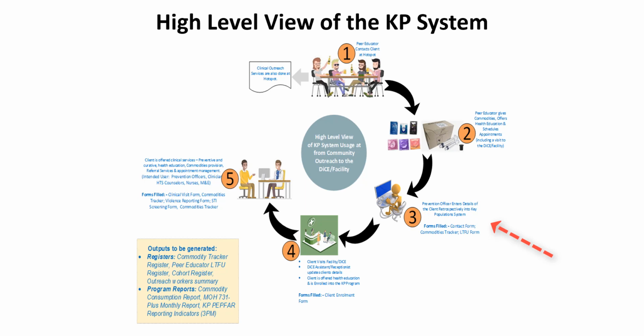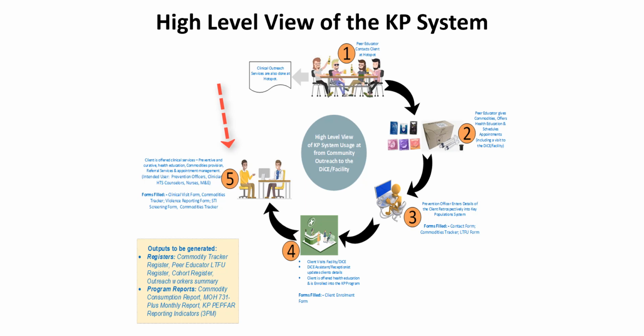At this point, the prevention officer is able to complete the contact form, commodity tracker form, and loss to follow-up form. When the patient visits the facility, thereafter, clinic visit details are updated by the receptionist. The client is enrolled into the KP program as well as offered health education. Thereafter, the client is offered clinical services by a clinician.